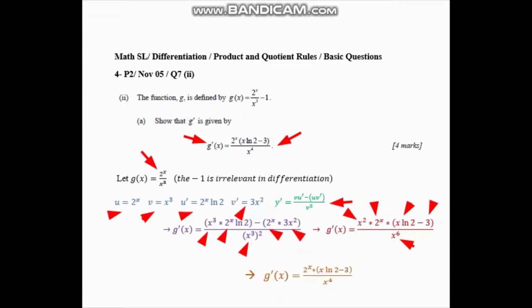We have the same bracket, x ln 2 minus 3, but we just need to simplify a little bit to get the rest of the expression straight. So we have x squared in the numerator and x to the power of 6 in the denominator. I just cancel these out and I get x to the power of 4 in the denominator, and the rest of the numerator is 2 to the power of x times x ln 2 minus 3.